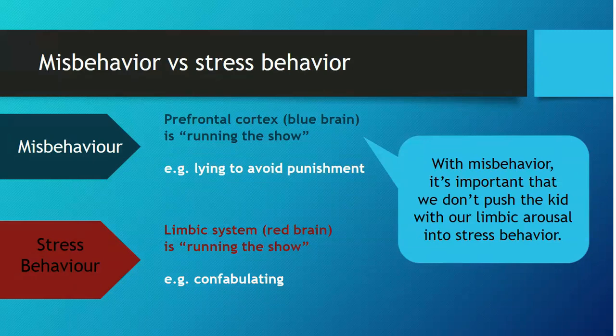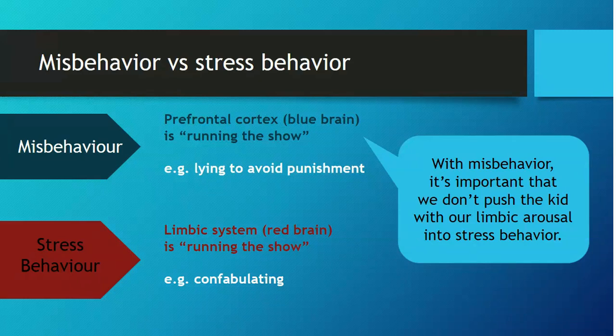The child maybe starts with lying, but with our own reactions as parents, as teachers, we sometimes push too hard. When we suspect the child is lying, we push them to tell the truth, and when we start pushing, we may push the kid with our own limbic arousal because we are angry about lying.